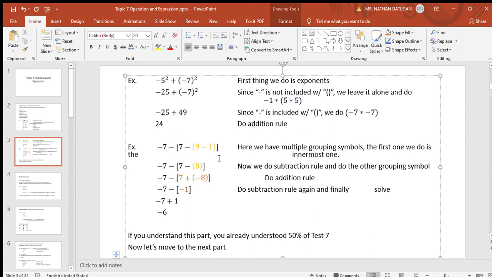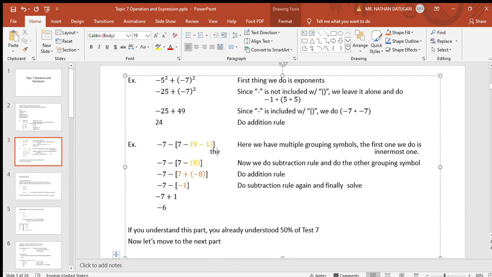Now let's move on to the next example. Negative 7 minus 7 minus the quantity 9 minus 1. How you say it is basically you say the one inside the parentheses first: 9 minus 1, 7 minus 9 minus 1, subtracted from negative 7.